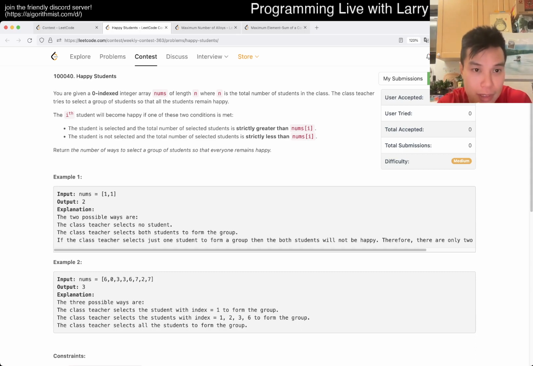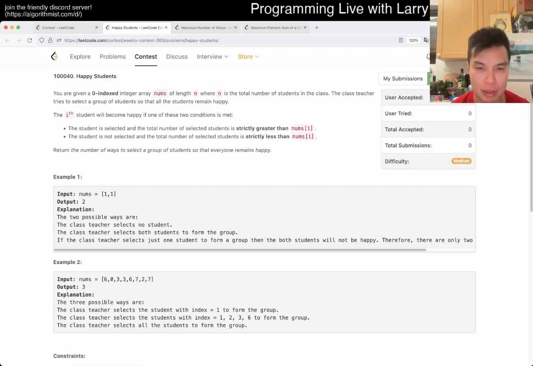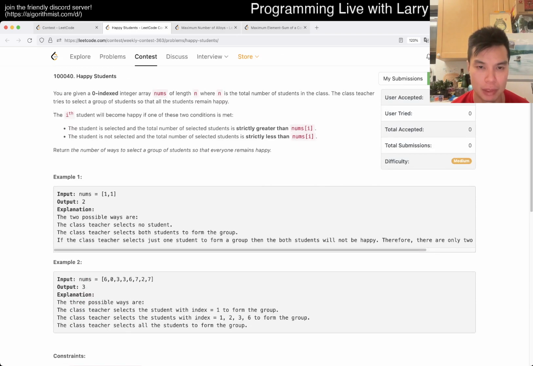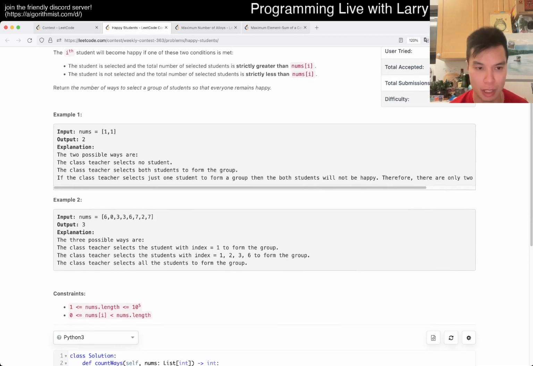The student is selected and the number of... okay, so you select i plus 1 students, and the numbers that are selected are going to be all the ones to the left.